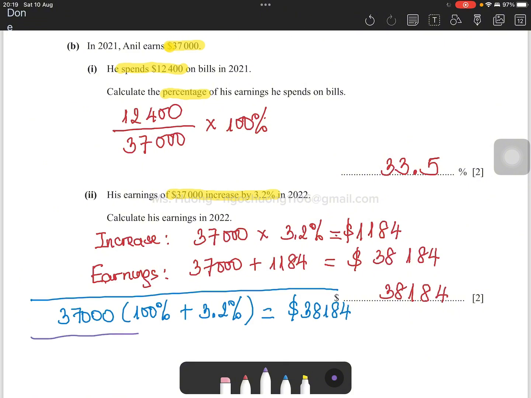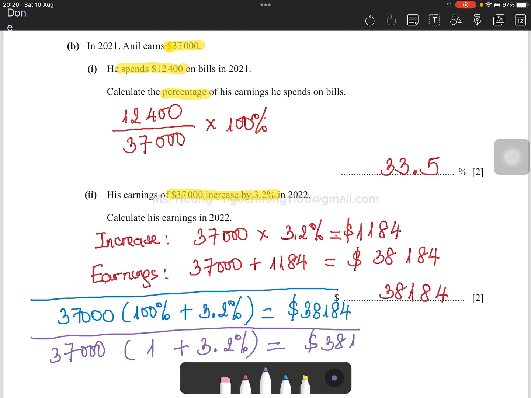You can also explain that 37,000 multiplied by 100% is actually 1, so you can write 1 plus 3.2%, which is equal to $38,184. There are 3 different solutions for this.